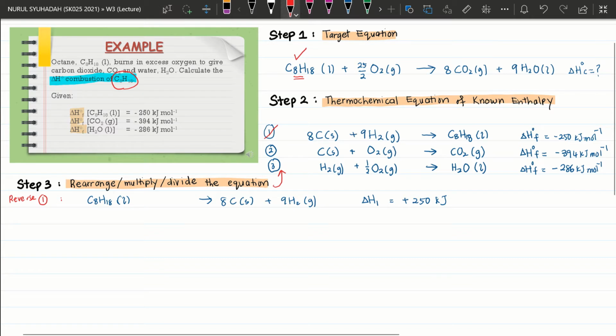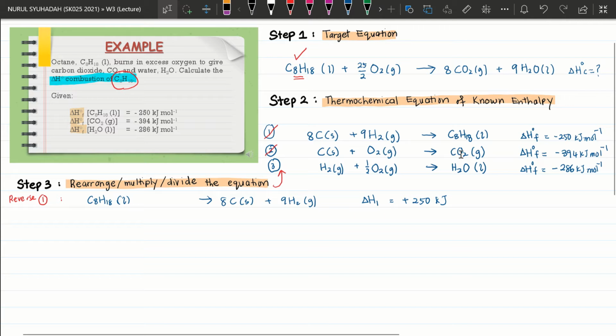Our equation 2 over here. For equation 2, we have carbon dioxide on the product side, the right hand side, same as the position in the target equation, meaning we don't have to reverse the equation. But we need 8 moles, and in our thermochemical equation we only have 1 mole.